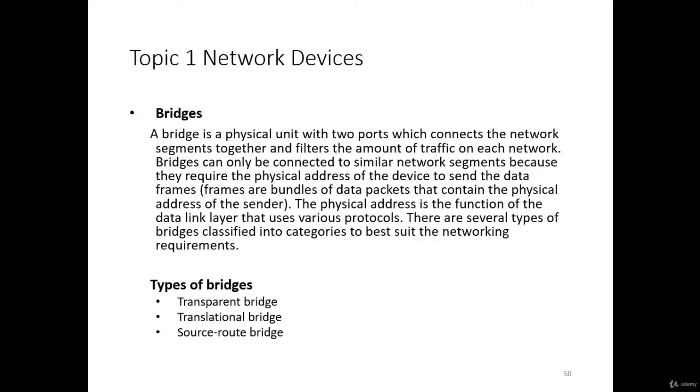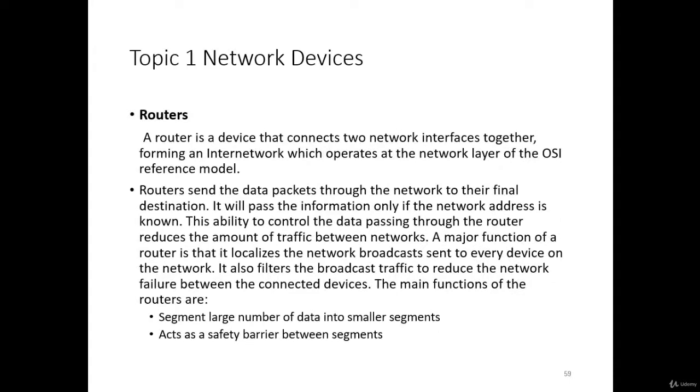Frames are bundles of data packets that contain the physical address of the sender. The physical address is a function of the data link layer that uses various protocols. There are several types of bridges classified into categories to best suit the networking requirement. Types of bridges: transparent bridge, translation bridge, source route bridge.